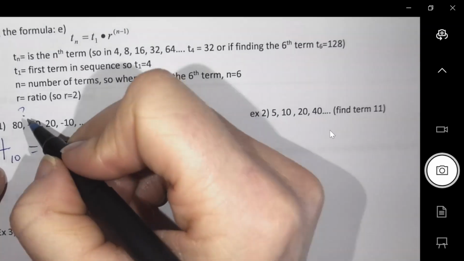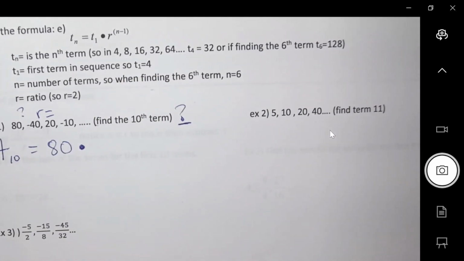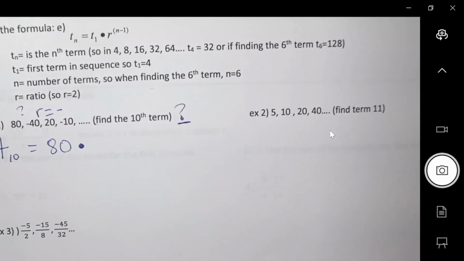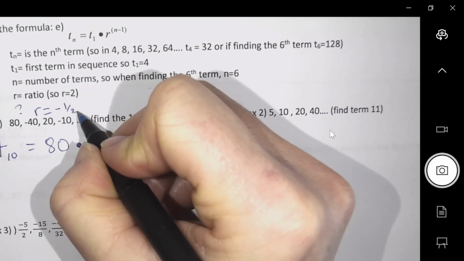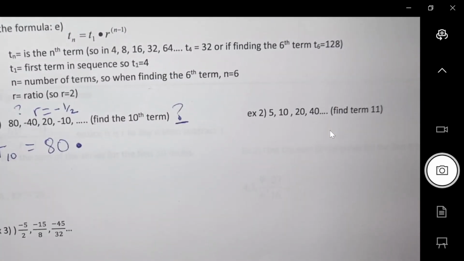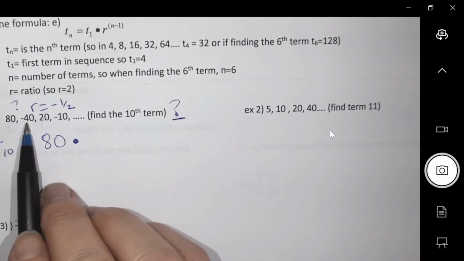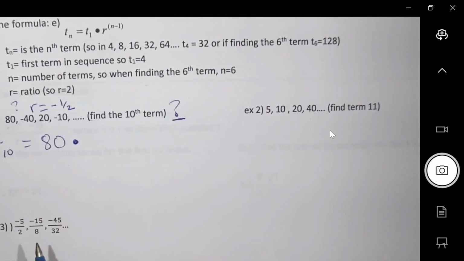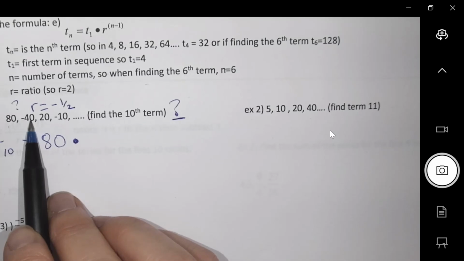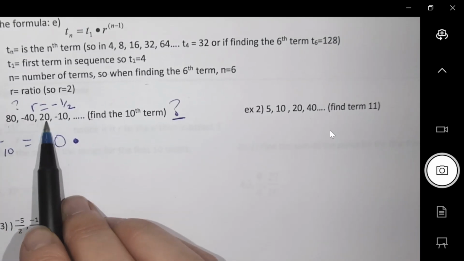What is our common multiplier? Negative a half. Do we see it? Obviously, going positive, negative means you're negative. We're a half of what we were.